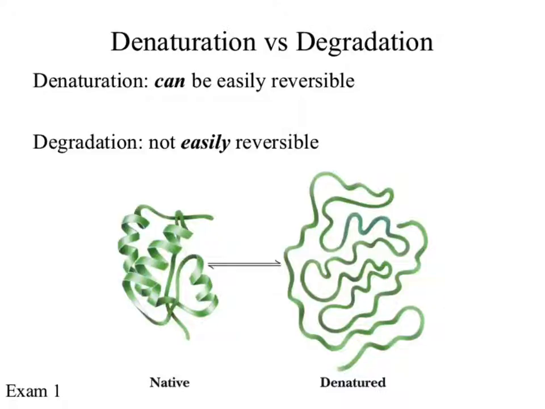What are those classifications? State. Kind of. Physical. Physical versus chemical. If we're looking at these 2 processes, denaturation is reversible, which matches a physical change. The chemical is breaking bonds.